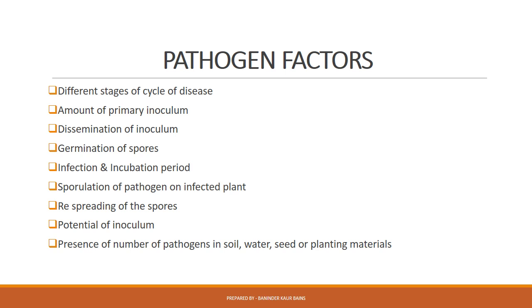Then germination of the spores, whether the spores are getting favorable conditions for germination or not. Then the infection and incubation period, whether the incubation period is short or long, meaning the multiplication of some pathogens takes longer than others, while some take a very short time.